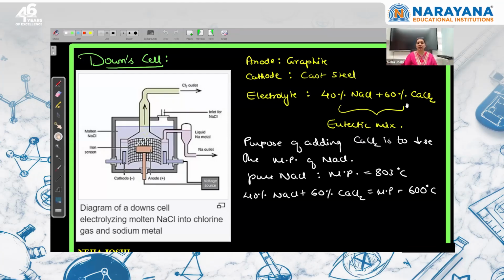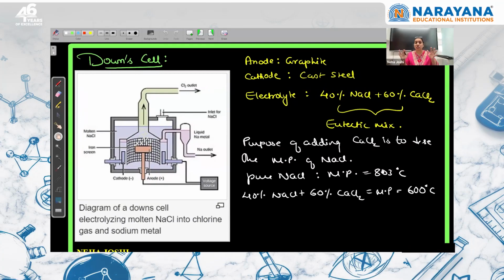Now you may ask why this CaCl2 when we have to prepare sodium, you should have more NaCl, no? Yes, the idea should be there. But what happens if you take pure NaCl? It melts at 803 degrees centigrade.